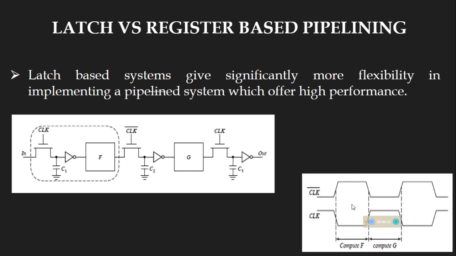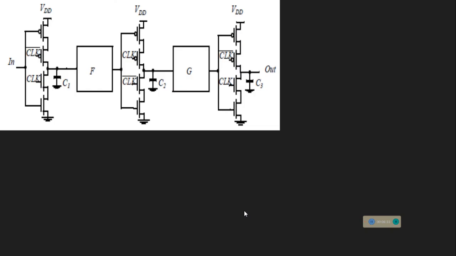We are told that when clock is 1 and clock bar is 0, everything takes care of the computation of F and G in their respective time. But what happens when both the clock equals 0 and when both the clock bar equals 0? That can be explained along with the C-square MOS circuit, that is, the clocked CMOS circuit.